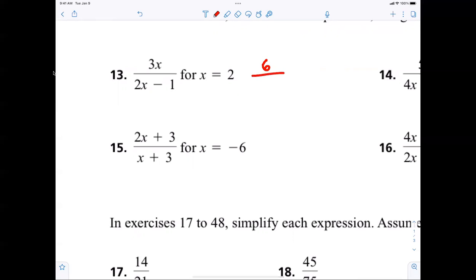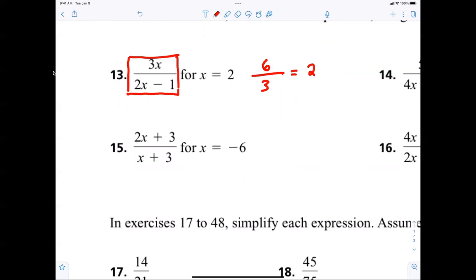Now, the denominator would be what? 3. 2 times 2 minus 1. We don't need a calculator for that. And so now 6 divided by 3 is 2. Now, technically, it's not x equals 2 because it's not an equation. All we're doing is evaluating an expression, and that just happens to be a rational expression, which just means it's a fraction.